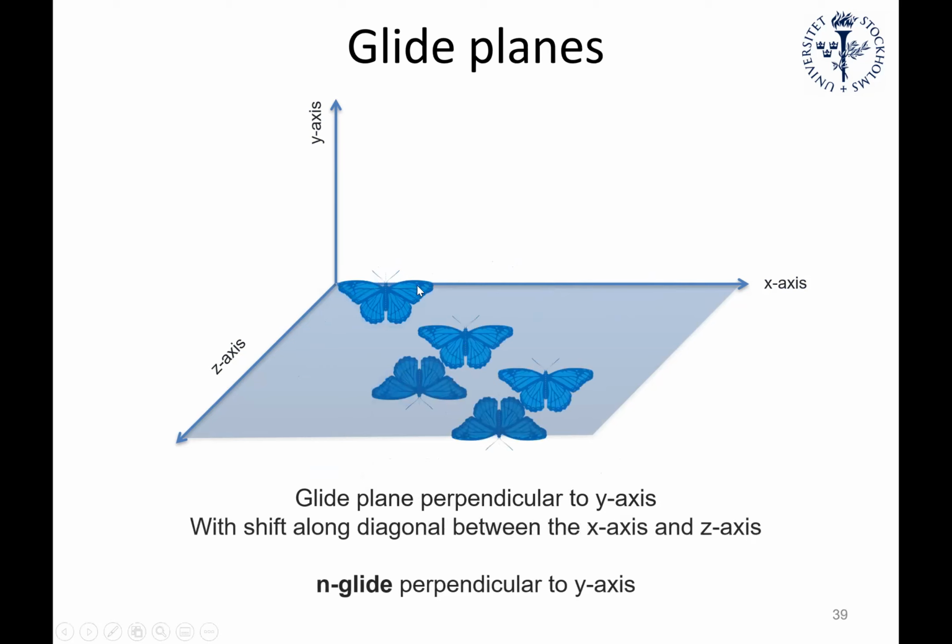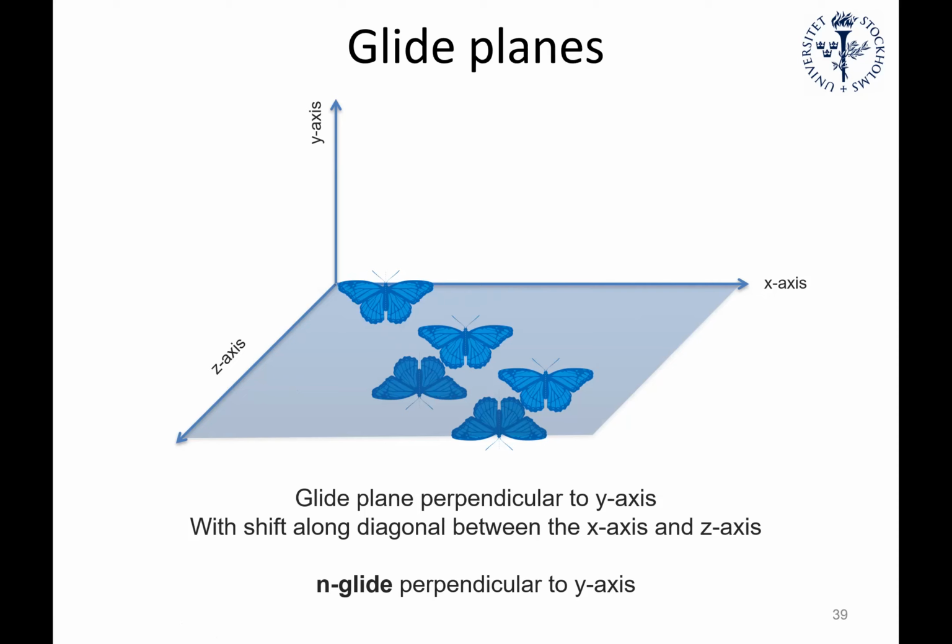This N glide is still perpendicular to the y-axis, but now the translation is halfway along X and also halfway along Z. So the translation is kind of a diagonal now, both along X and Z in this case.